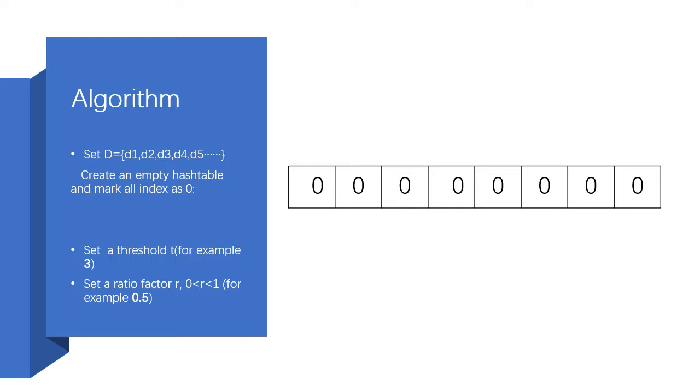Actually, T is based on definition 2 and definition 3 in the last slide, which are the acceptable collision depth and the excessive collision depth. To simplify our example, we just use 3. We also need to set the ratio factor R. Remember that R has to be bigger than 0 and smaller than 1. For our example, we set it to 0.5.